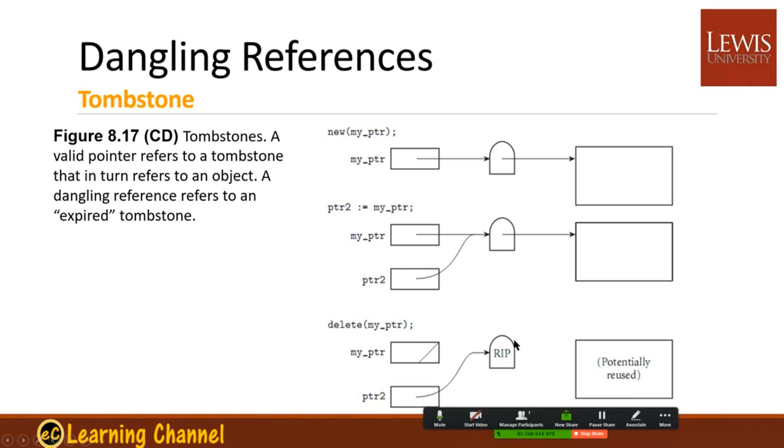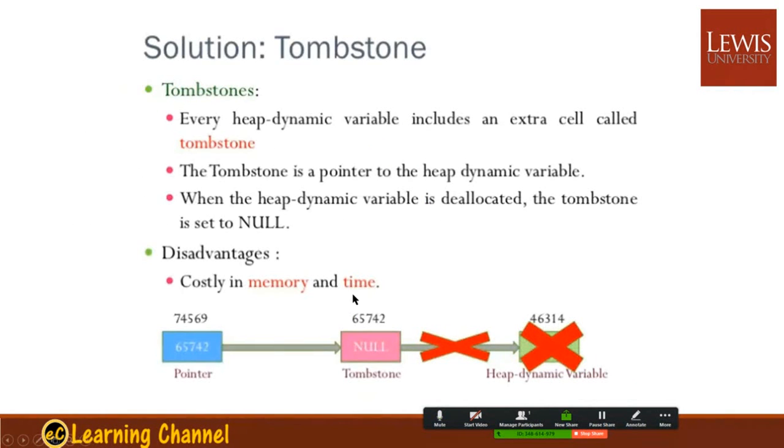With this tombstone, we can avoid the misuse of pointers caused by dangling references. So the solution is to use tombstones. Every heap dynamic variable includes an extra cell called a tombstone.